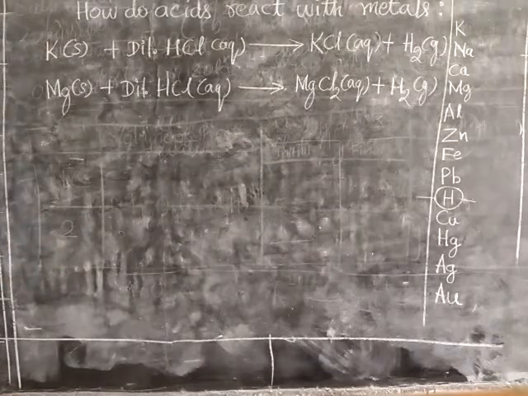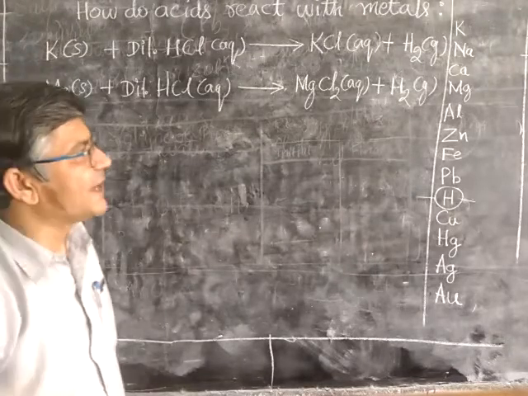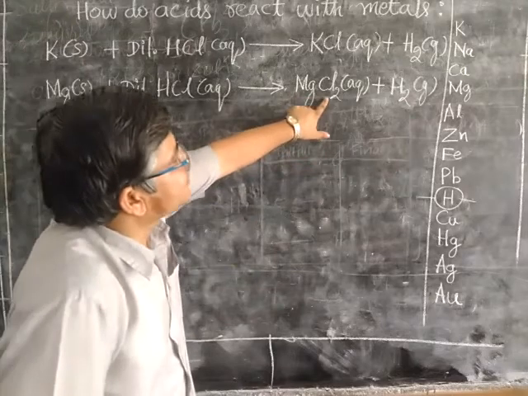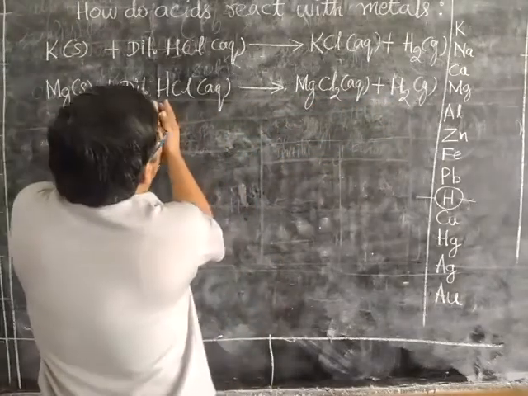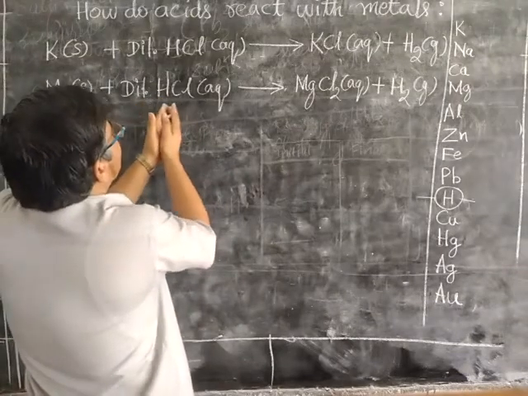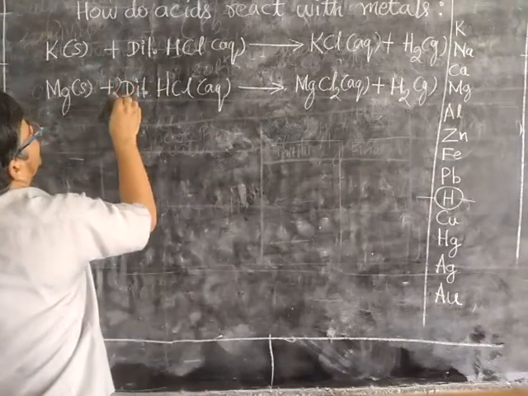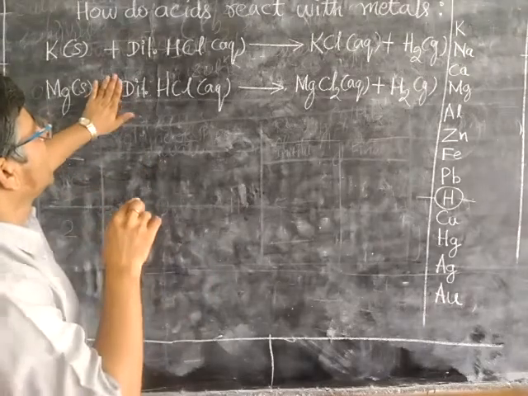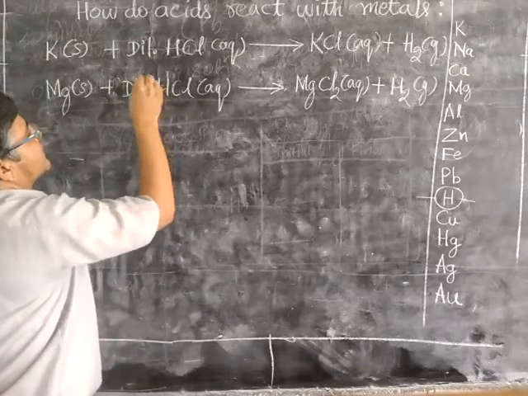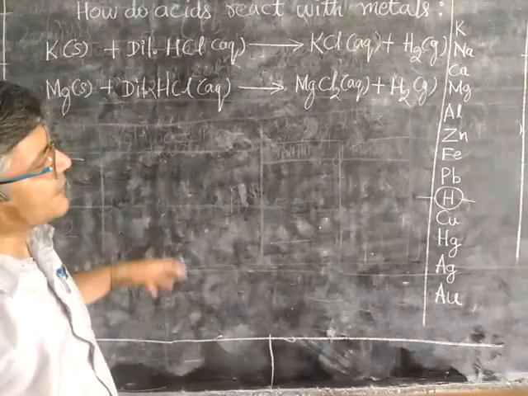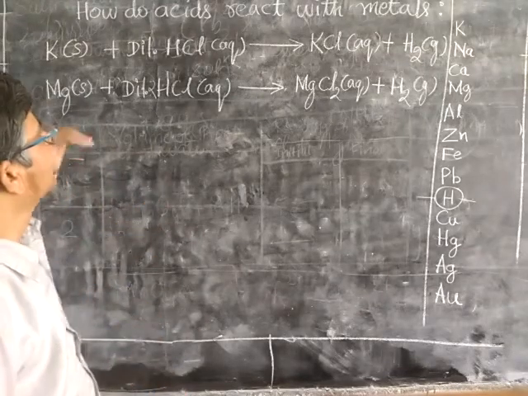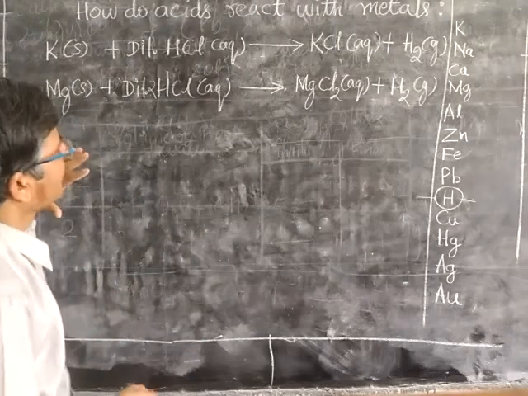Again we have not balanced this equation. You can easily balance it. As you know, there are 2 chlorine and 2 hydrogen and 1 magnesium. To the left we don't have 2 hydrogen, 2 chlorine, so we can make it 2 by putting 2. It will be much better. So this is the balanced chemical equation in this case.